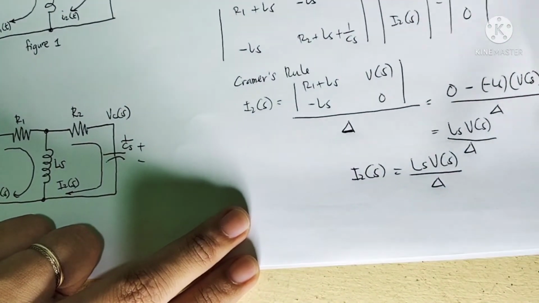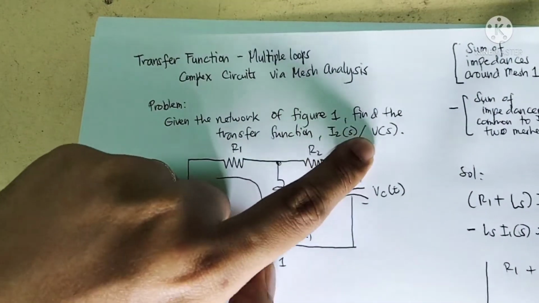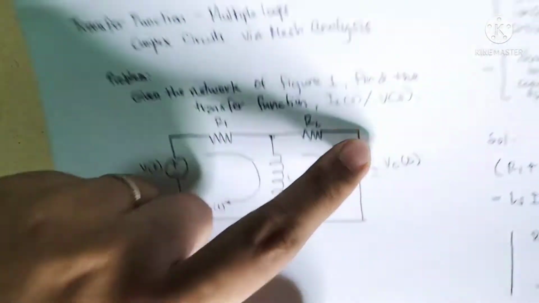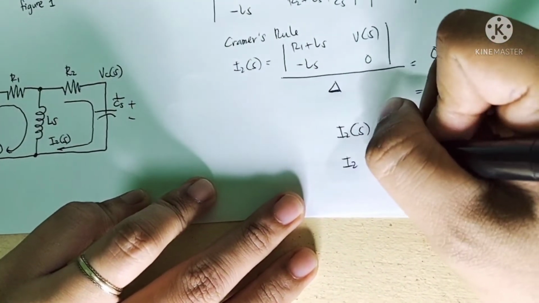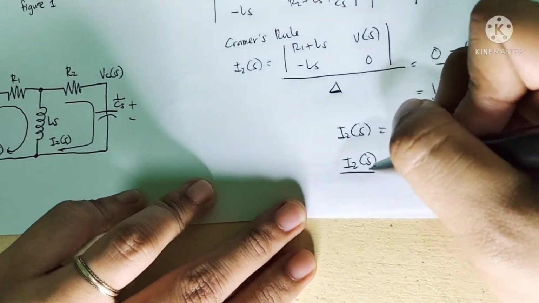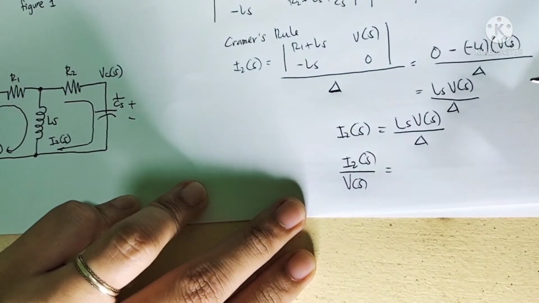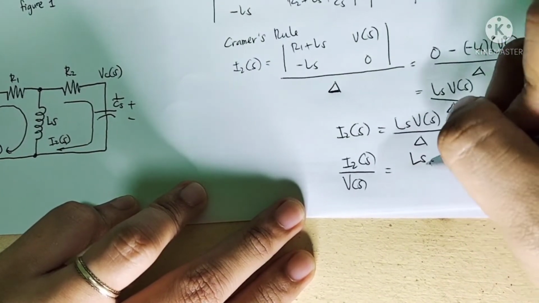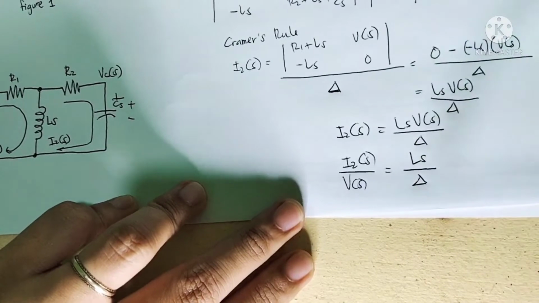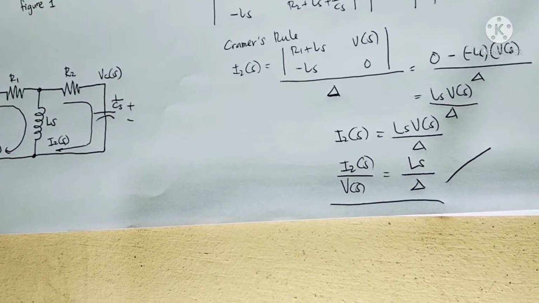So what we are going to find is the ratio between I sub 2 as a function of s and V of s. If you take the ratio, I sub 2 of s divided by V of s, we can find the transfer function by finding this ratio, Ls divided by the delta.